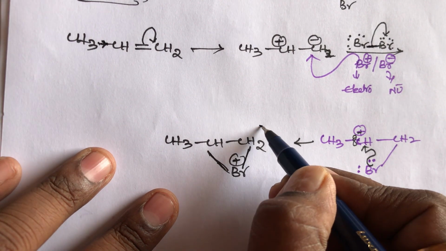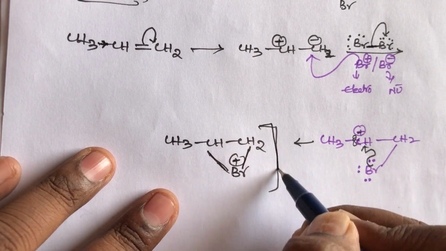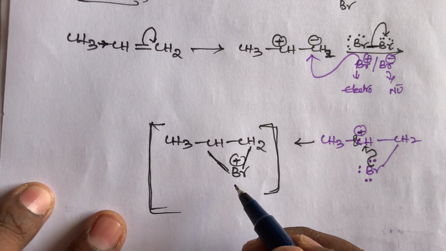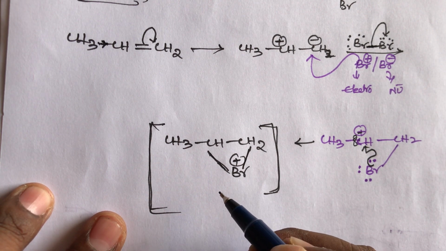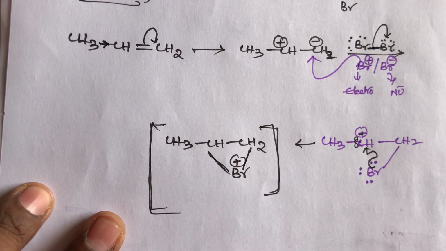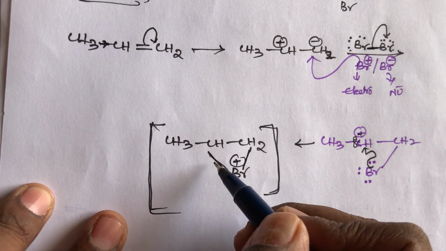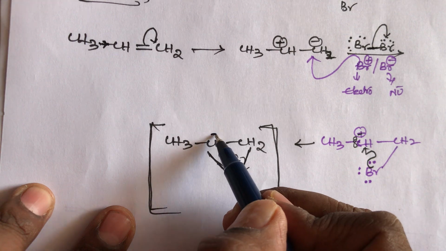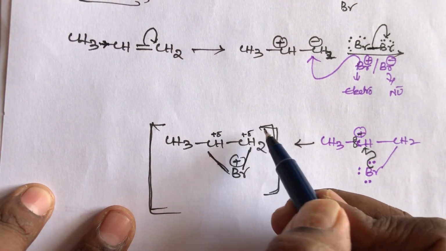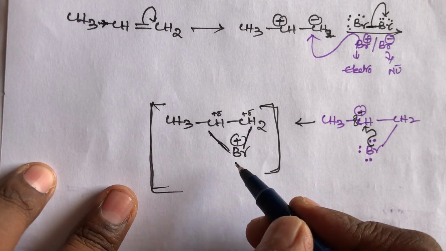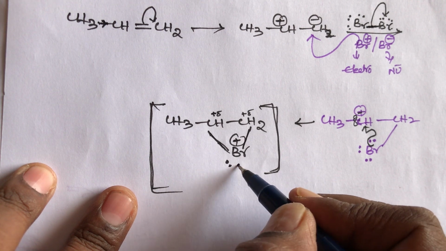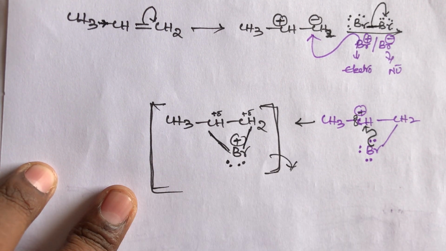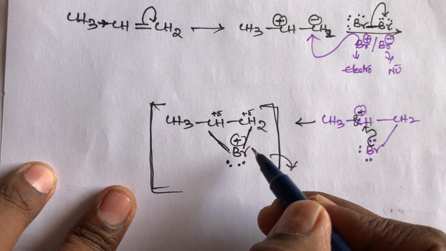An intermediate, stable compound is formed, the cyclic bromonium ion. Here everything has an octet, and all the carbons carry partial positive charge. The remaining bromine also has 2 lone pairs present. This compound has a complete octet.